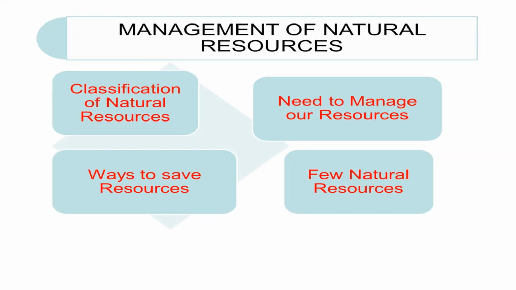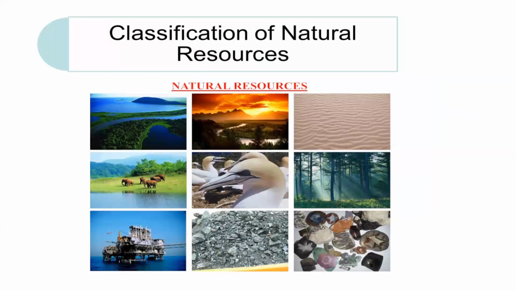We need to know how to manage our resources, and we should know which natural resources are renewable or which are non-renewable resources of energy. Let's see one by one how natural resources are classified.